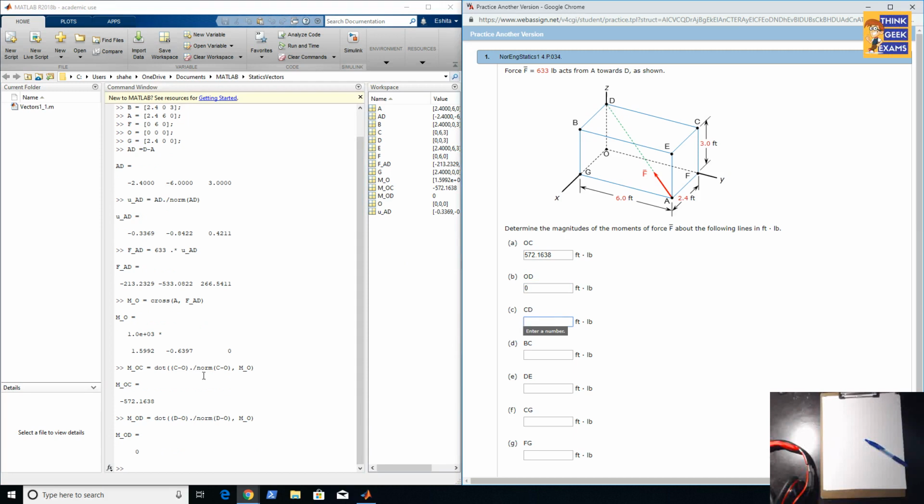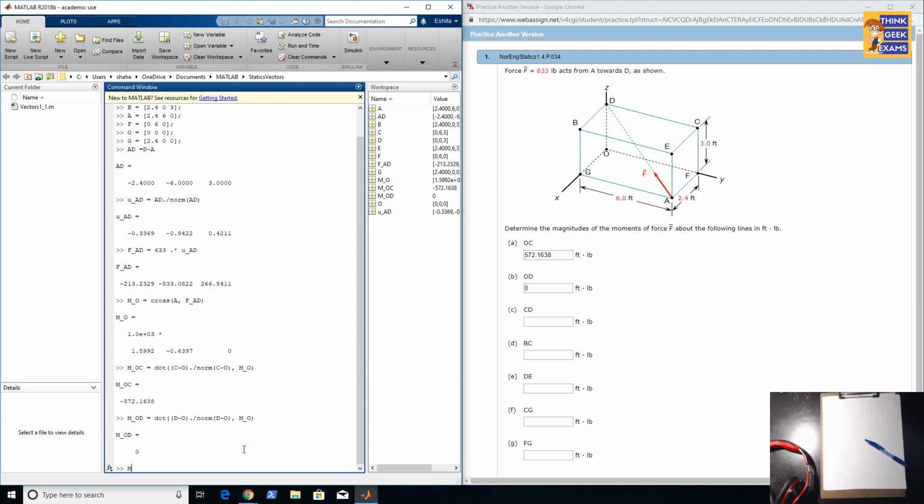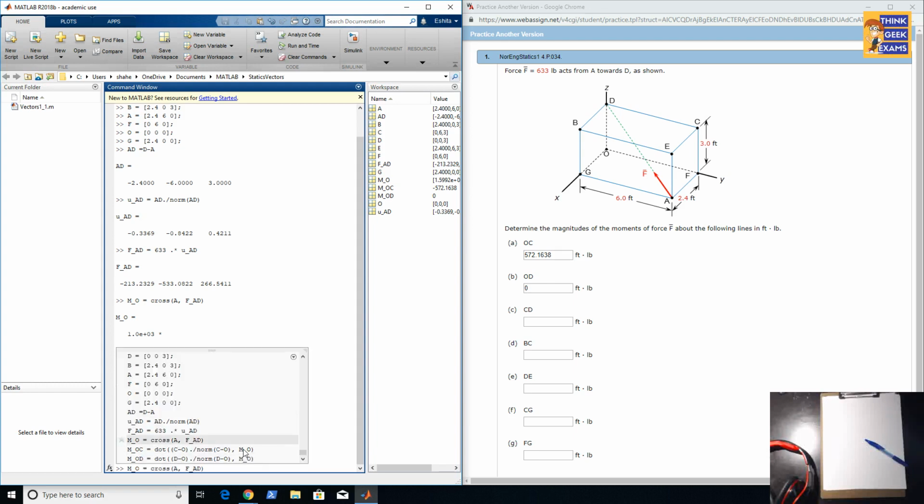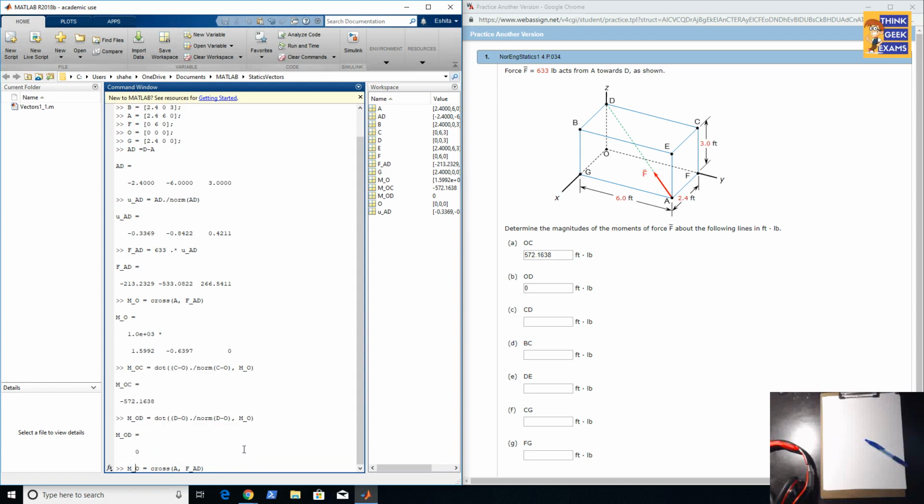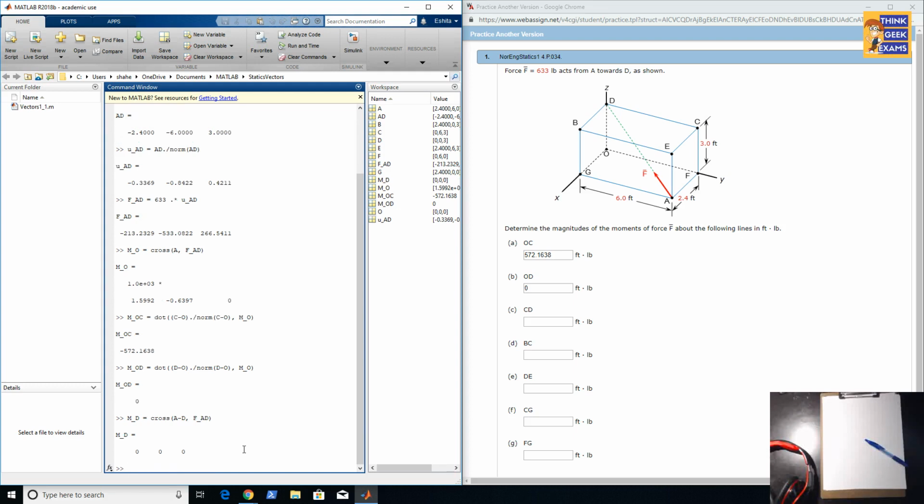Next one is CD. So for the fun of it, let's find out what MD is. MD is going to be like MO, so I'm going to write MD over here, and it is going to be A minus D over here, because we need the distance from D to A. D to A, yeah, that is correct, and that should be exactly 0 if we're correct, and that is 0.